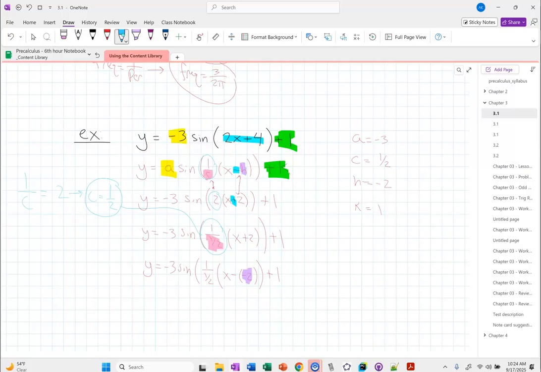Then you look at the value that's left, and you have to take the opposite value of it, right? If we have +2, h is really going to be -2. Every single time that'll be true for the h. So you have to make sure you factored the inside first, and remember to do that correctly. And then the h is going to be the opposite sign of what it looks like when it's left, because the minus is already part of our general formula.